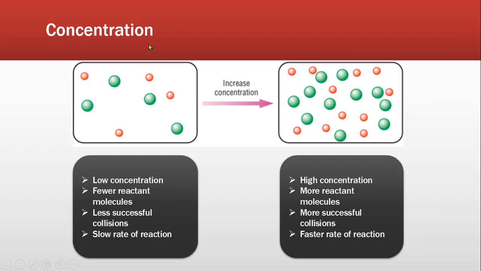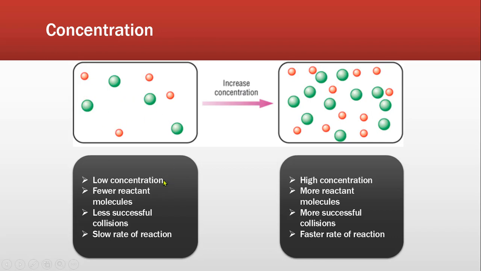The second factor is concentration. Let's imagine these two boxes here are two separate vessels which have a reaction taking place. In this vessel, we have an acid and base that are both dilute, and in this vessel, we have a concentrated acid and a concentrated base. Something that is dilute has more water and less reactant molecules.